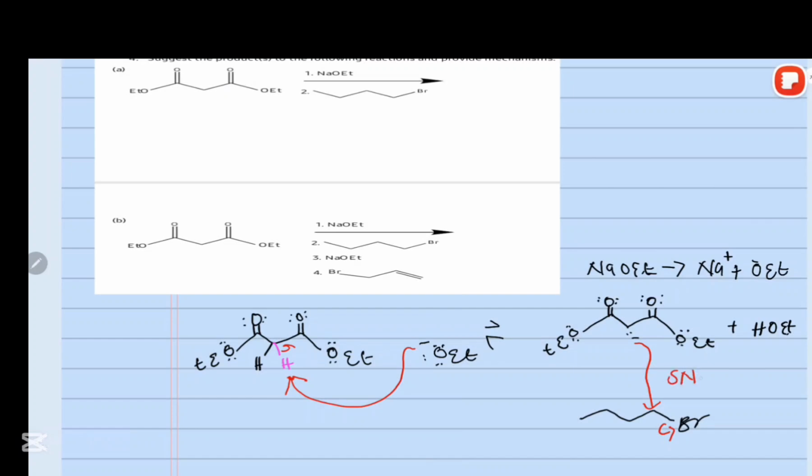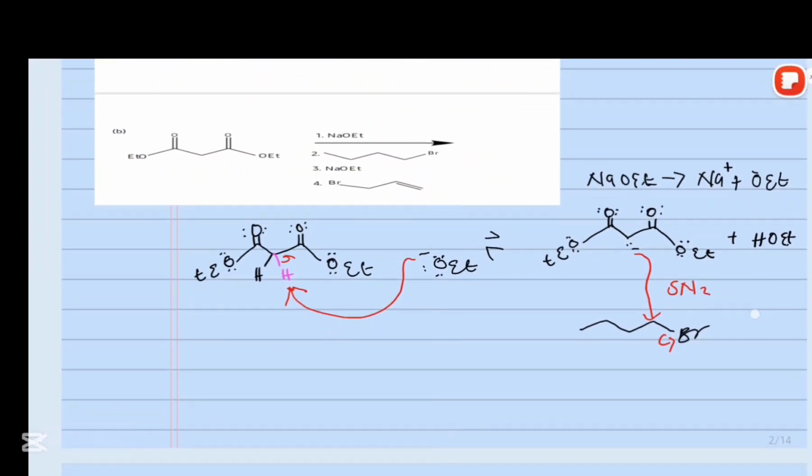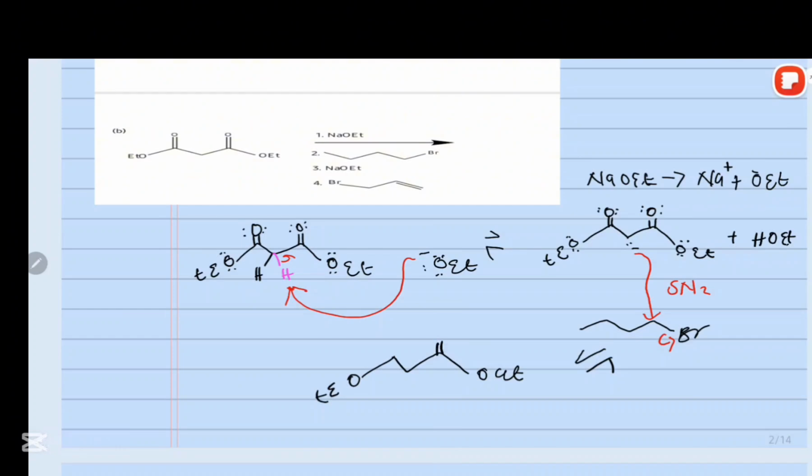So this will undergo an SN2 reaction mechanism, and the product here is the alkylated product, so that's the product.